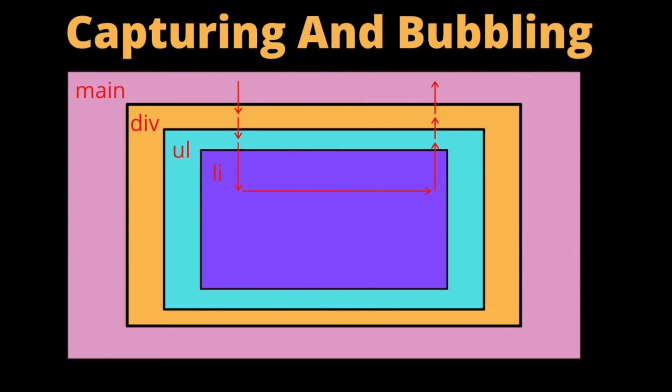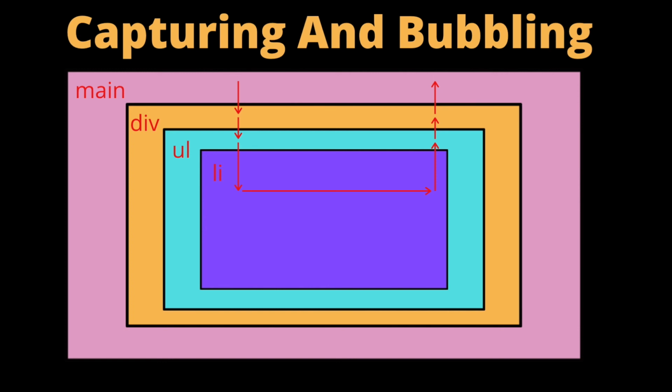It executes the onClick of the LI element, and then the bubble phase happens, and it moves up to the UL tag, executes the UL onClick handler, and then the event bubbles to the div tag and executes the onClick handler of the div tag, and then it bubbles to the main, body and HTML tags. The reason it only executes onClick during the bubble phase is that most modern browsers by default execute event handlers during the bubble phase.